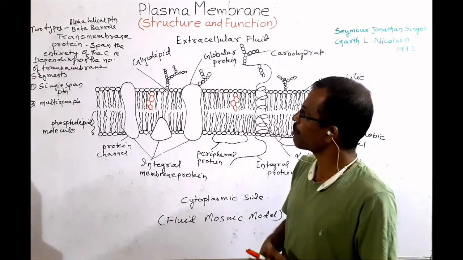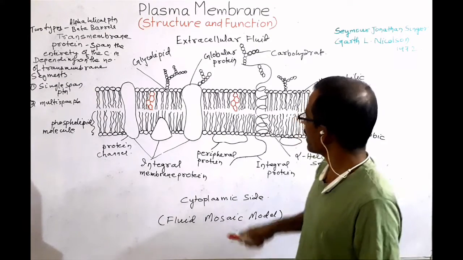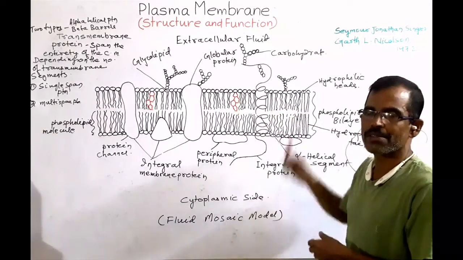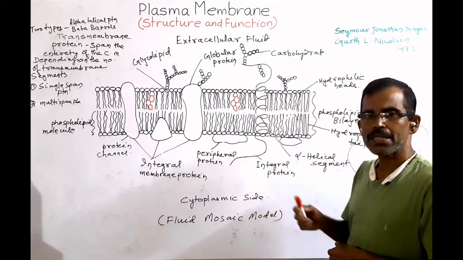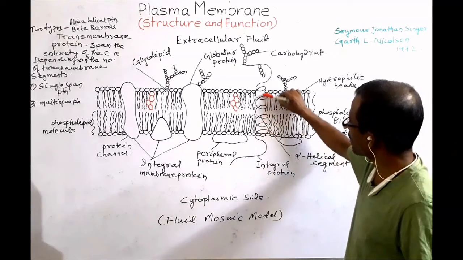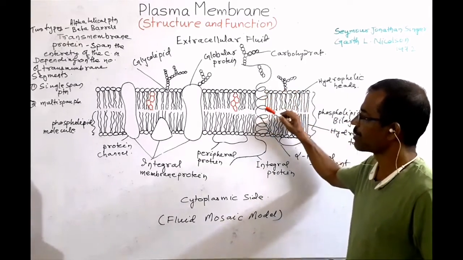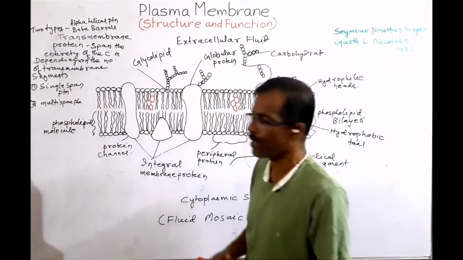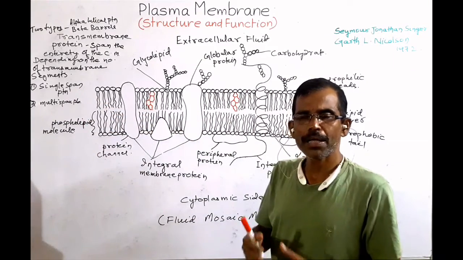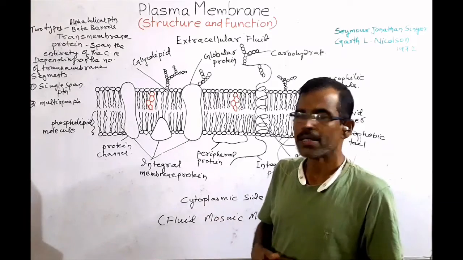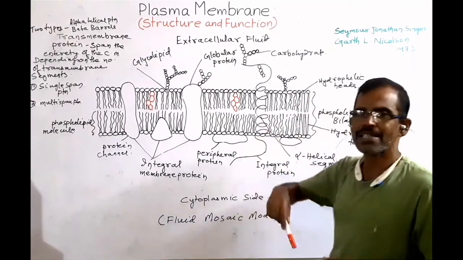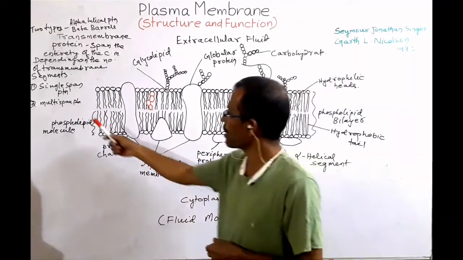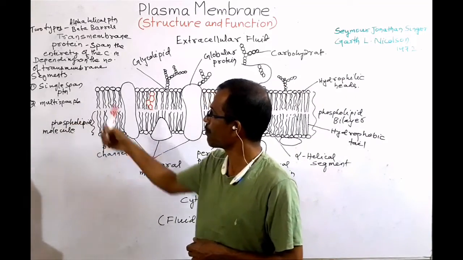The transmembrane proteins can span the lipid bilayer once or more than once. If the transmembrane protein spans the lipid bilayer once, that type of protein is known as single-span protein. Whereas there are many transmembrane proteins that span the lipid bilayer several times. Such integral membrane proteins are called multi-span proteins.